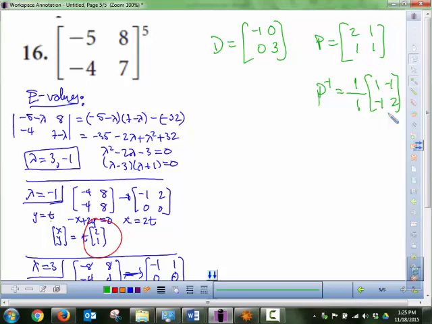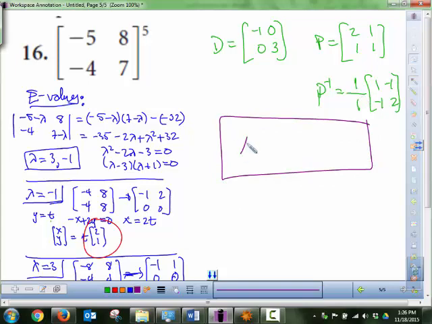All right, so now our magic formula says A to the k is equal to not P inverse, but the original P, times D to the k, times P inverse. And remember, when you take a diagonal matrix to a power, all you're doing is raising the diagonal entries to that power.